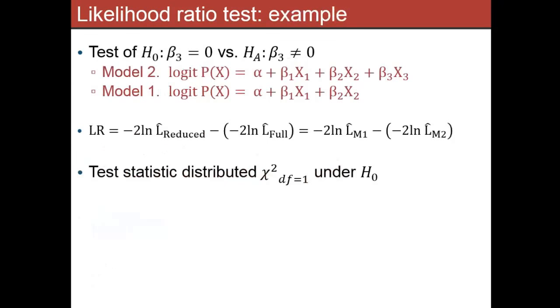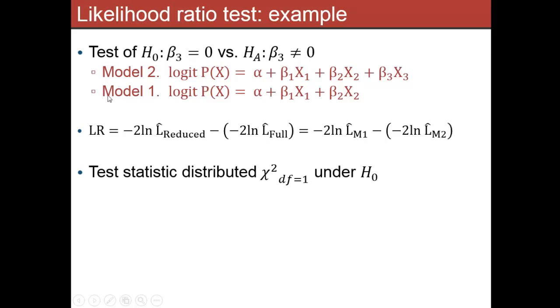Okay, so here's a situation where I have this model with 3 terms, and I want to know, is beta 3 statistically different than 0 or not? To test this, I'm going to look at the -2 log likelihood in this full model with beta 3, and I'm going to compare it to a model that removes it.